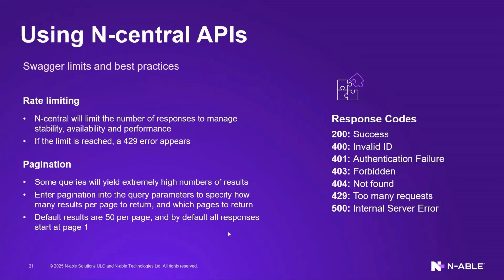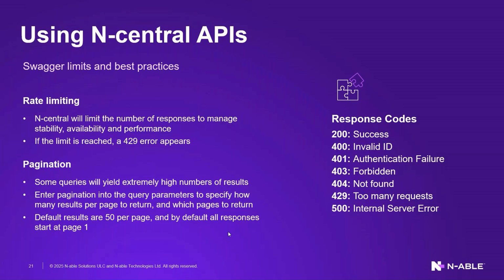By default, this is 50, but you can obviously adjust that. The maximum amount of calls you can pull back on a page is 1,000. So if you're trying to pull all the devices, for example, maybe you have 2, 3, 4,000 devices and you want to pull them all out, there's going to be multiple pages. You would have to loop through the different pages to get the information for all devices that way as well.